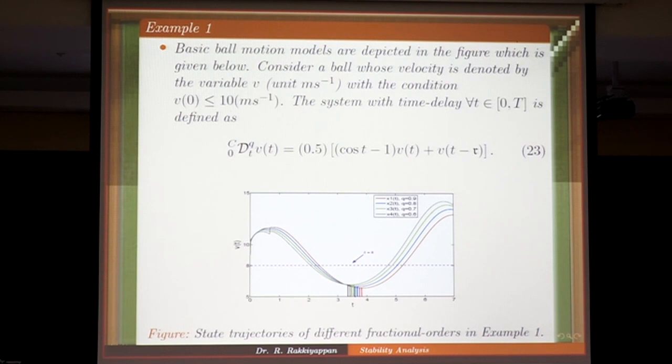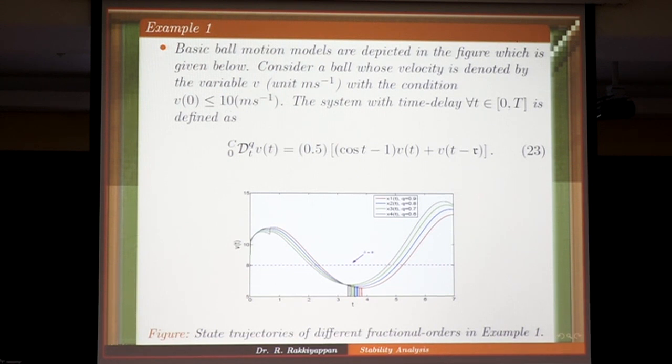When comparing with integer order systems, these curves show that it is an interpolation function. If you have different fractional orders, it gives different results.